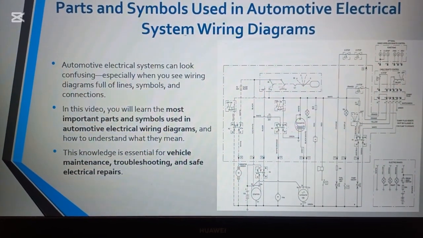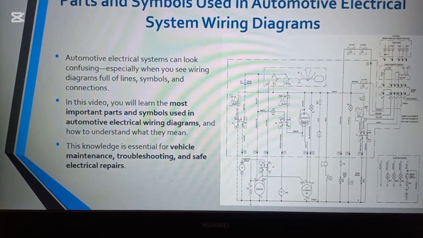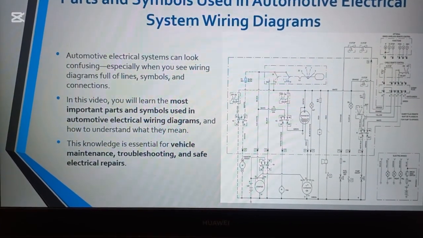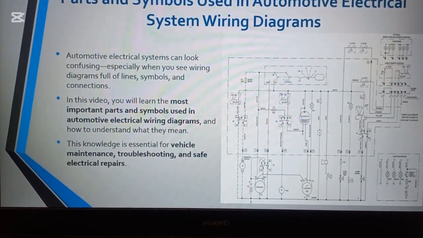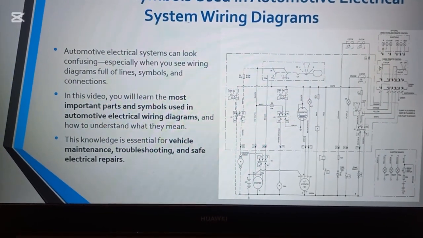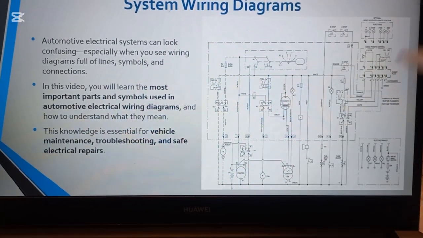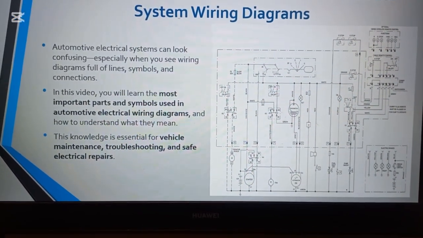Automotive electrical systems can look confusing, especially when you see a wiring diagram full of lines, symbols, and connections. The way you can see, if you don't have any idea of what is here, it is really very confusing.